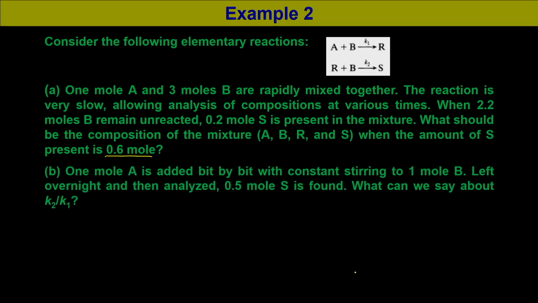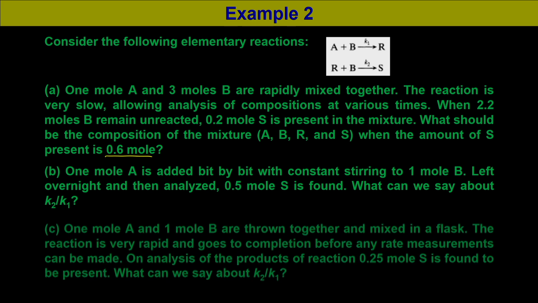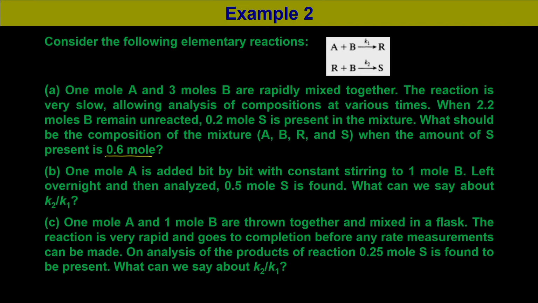The second problem is that 1 mole of A is added bit by bit with constant stirring to 1 mole of B, left overnight and then analyzed. 0.5 moles of S is found. What can we say about the K2 by K1 values? And the third problem is that 1 mole of A and 1 mole of B are thrown together and mixed in a flask.